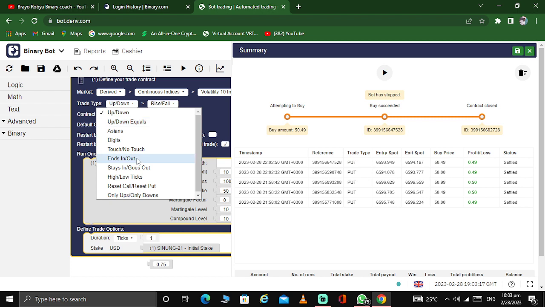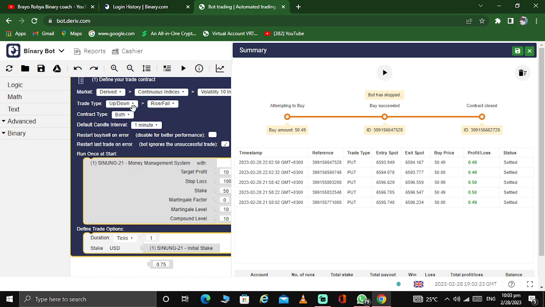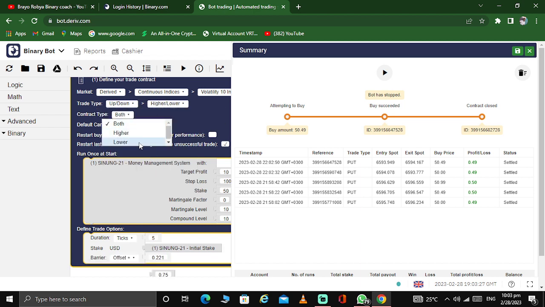Then I go back to my up down, higher lower. I was trading on lower, don't forget, and I had an offset barrier of 0.75. So the offset value was 0.75. Yeah, I believe that was it.